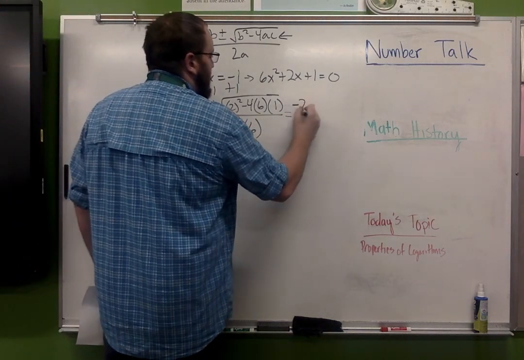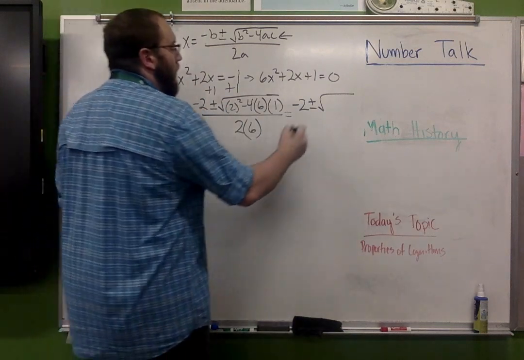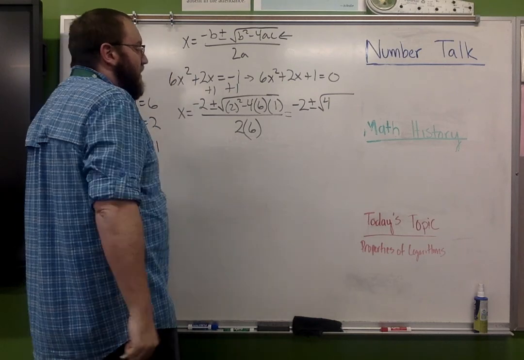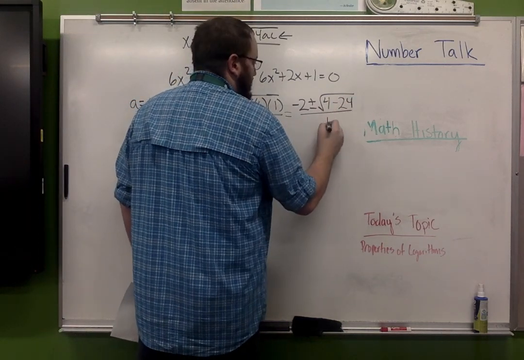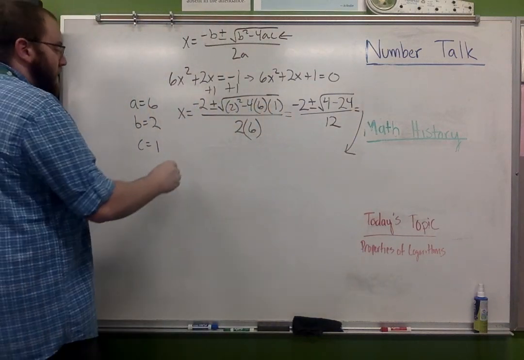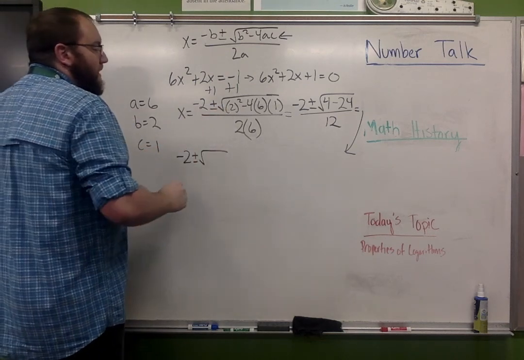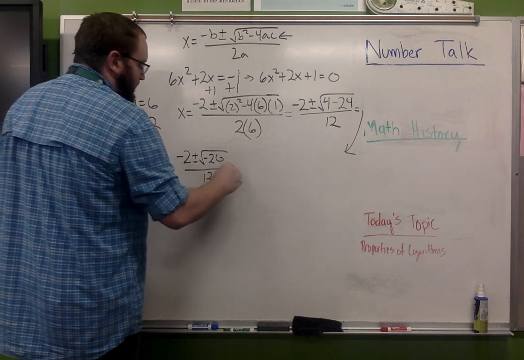Simplify. Negative 2 plus or minus the square root. 2 squared is 4. Negative 4 times 6 is negative 24, times 1 is negative 24 over 12. So we have negative 2 plus or minus the square root. 4 minus 24 is negative 20 over 12.